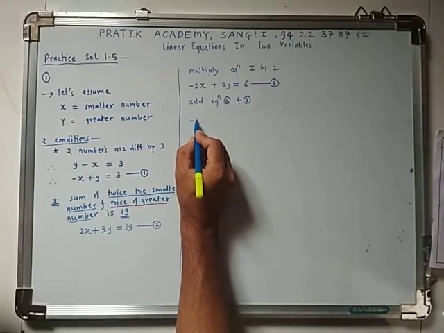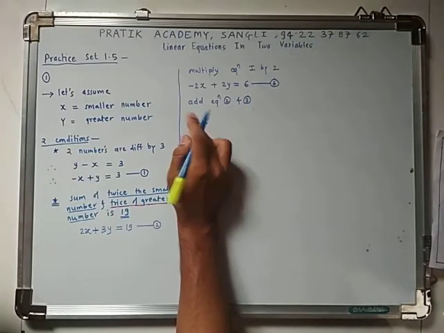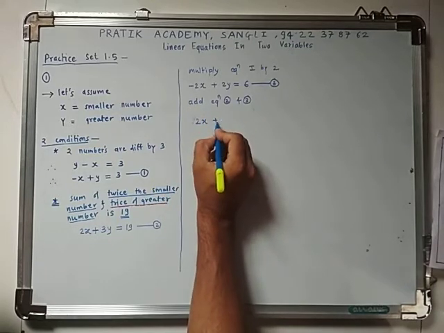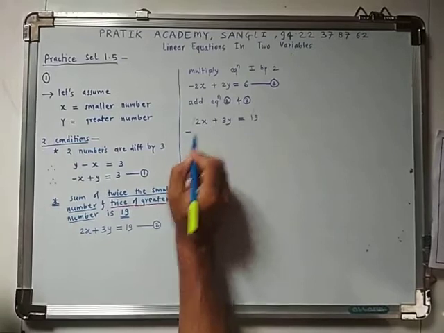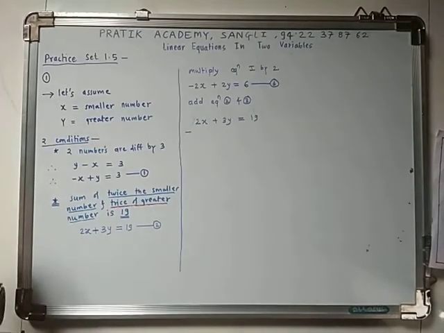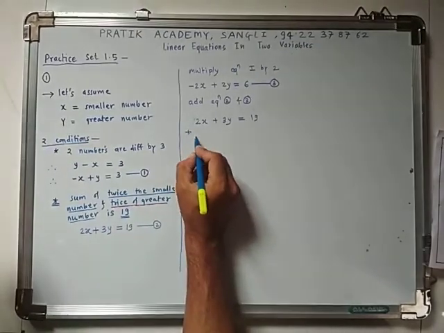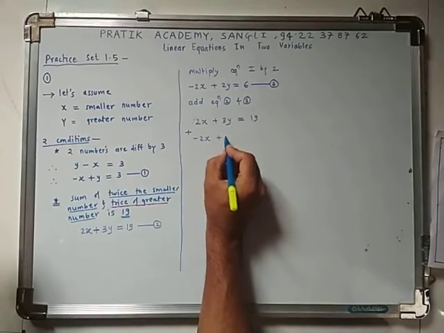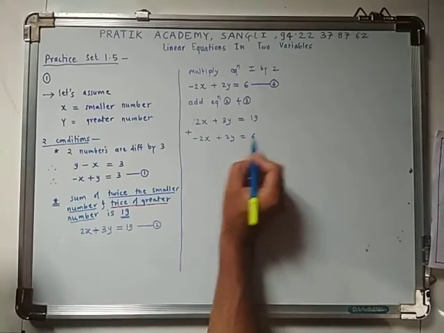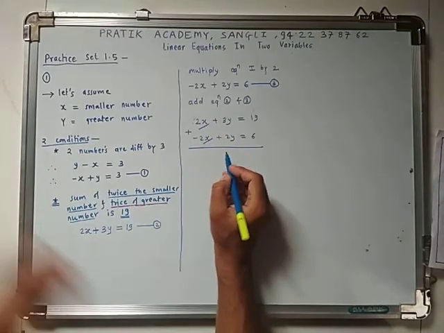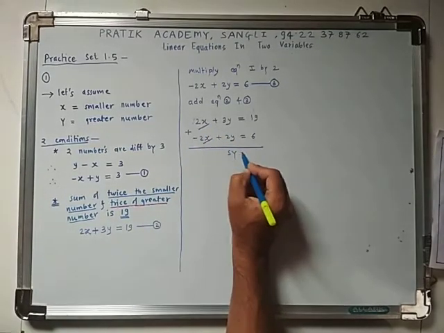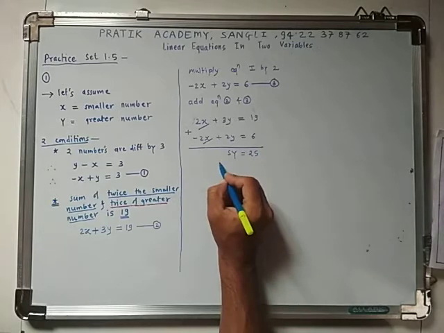This part we have already discussed in our earlier videos. Minus 2x plus 2y equals 6. So this and this get cancelled. 5y is equal to 25.